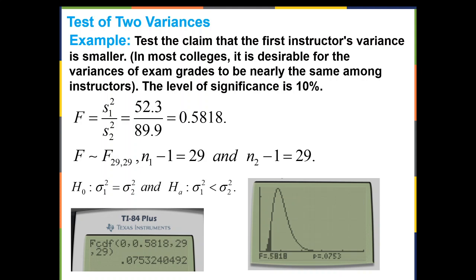So let's find the p-value. The p-value would be 0.075, right? That's the p-value for that distribution, right? You see, this is really close. So 1 is about maybe over here, close to the peak.